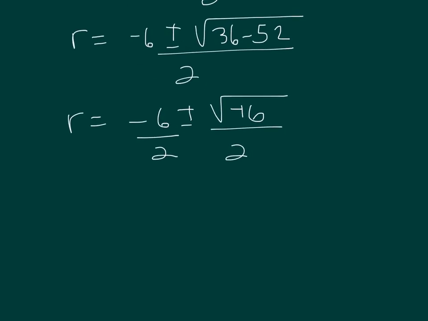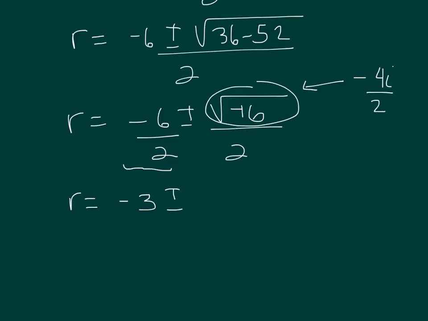So r equals negative 3 plus or minus, and this is going to be negative 4i, but we divide by 2, so that gives us 2i. That's why they have the roots negative 3 plus or minus 2i.